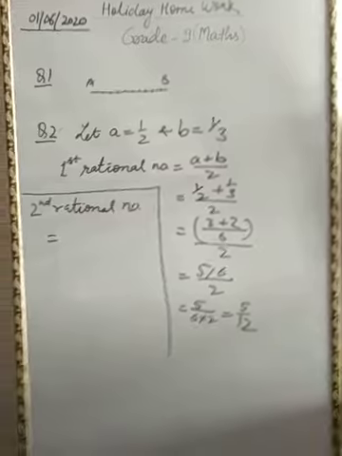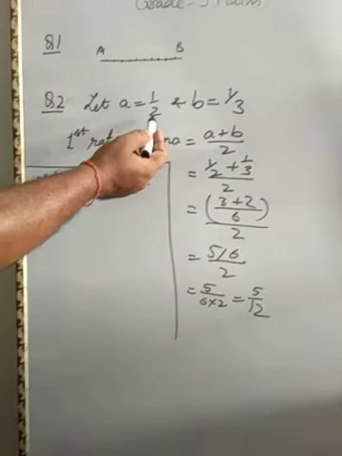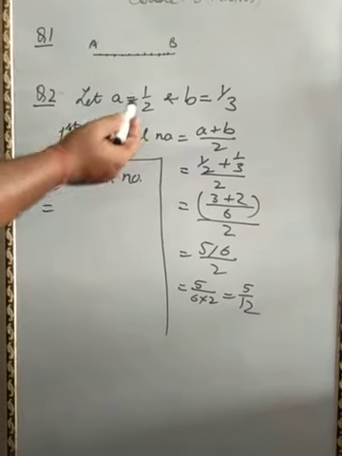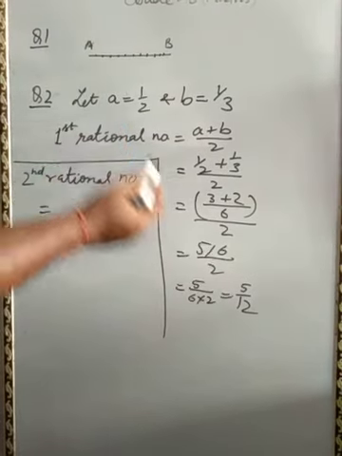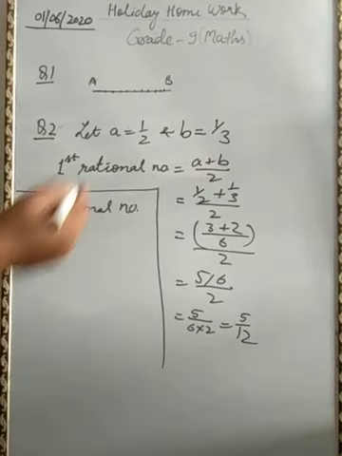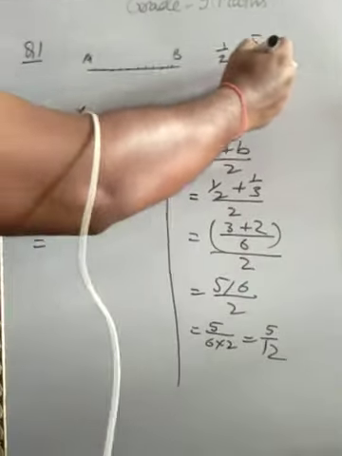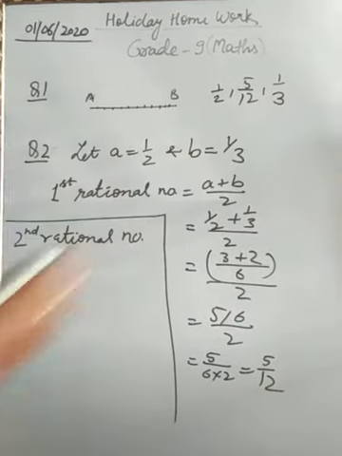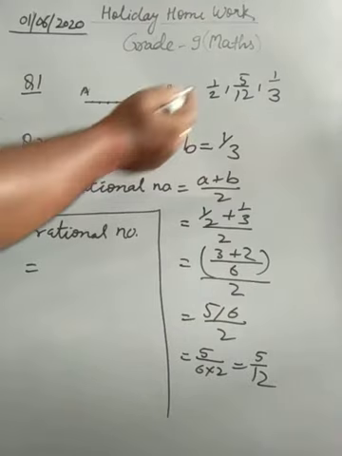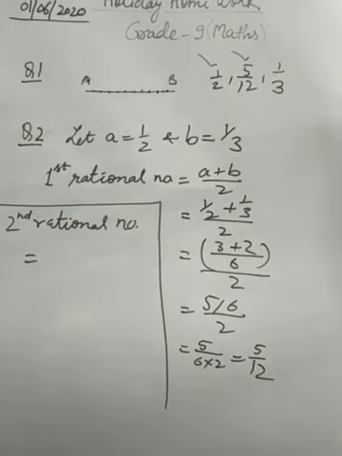So now we have the number 5 upon 12 in between 1 upon 2 and 1 upon 3. Now we will consider the first number 1 upon 2 as A and the middle one as B, because you may write this as 1 upon 2, 5 upon 12, 1 upon 3, since we have computed this 5 upon 12. Now you consider this as A and this one as B.